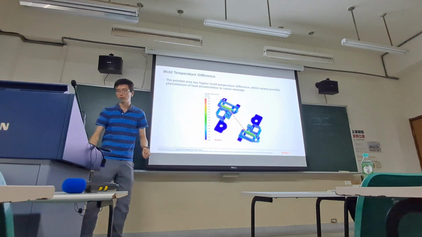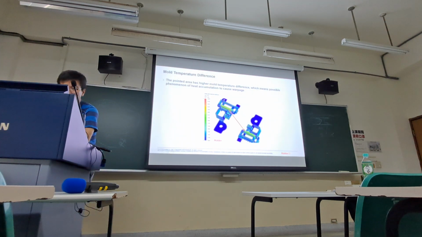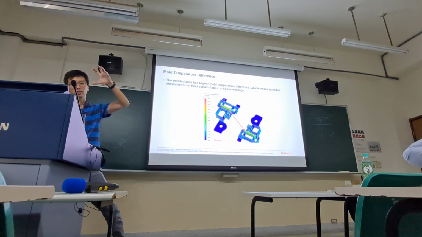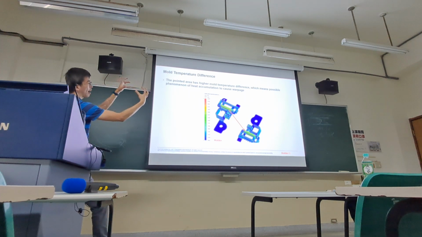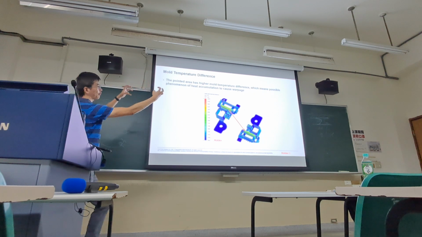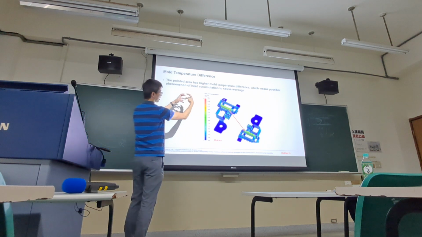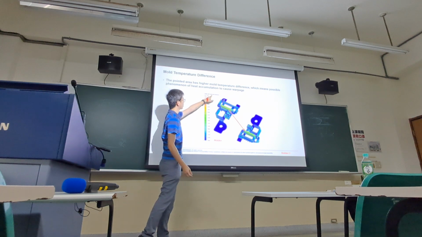So the heat accumulation inside the mold is very important. So we also provide a result, the mold temperature difference between the upper half and lower half. We have two half molds closed together, right? The temperature difference between this half and the other half, we call this mold temperature difference.